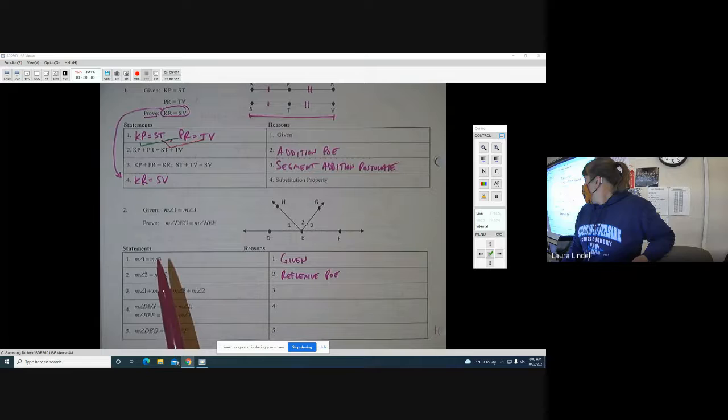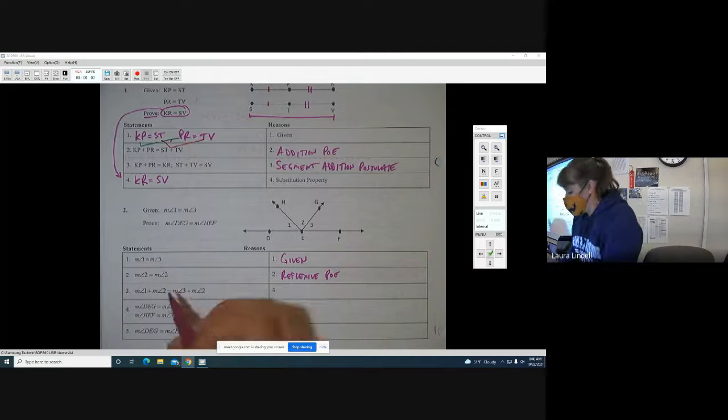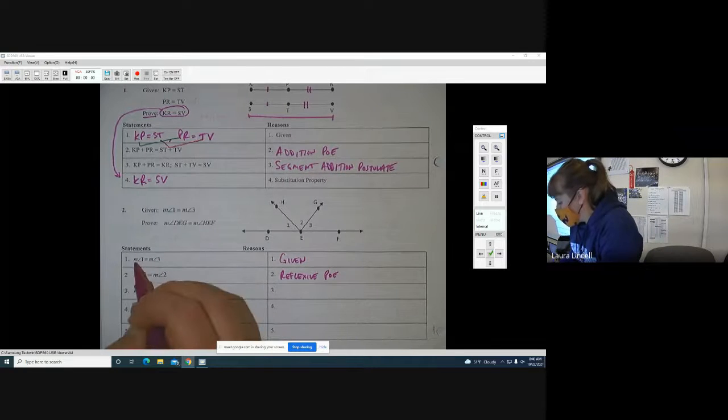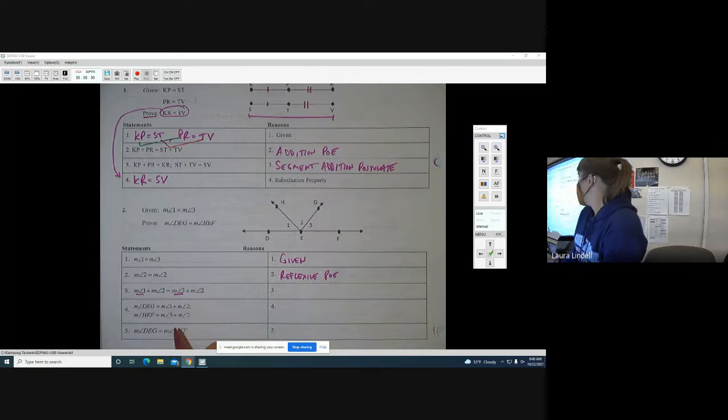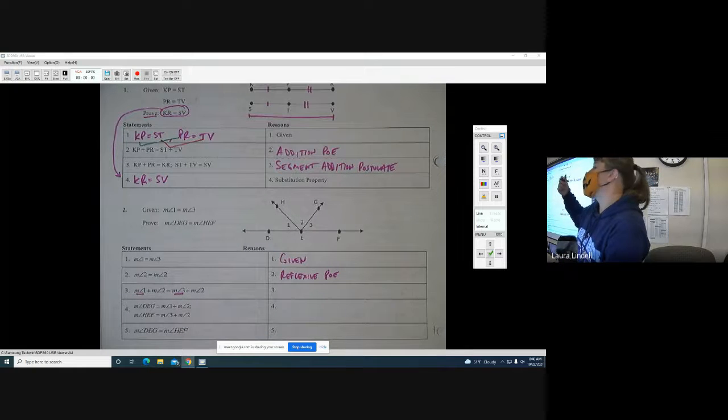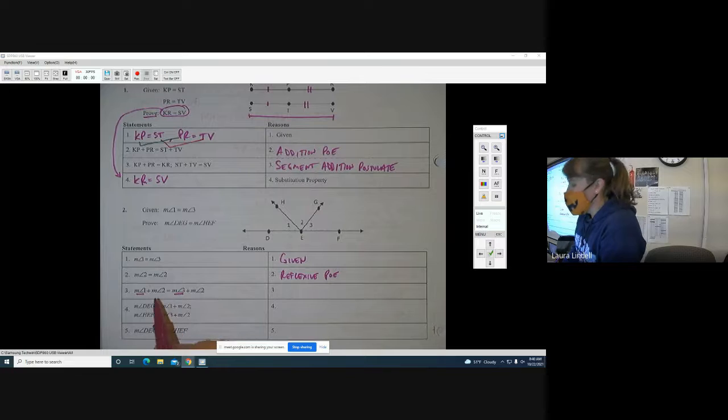All right, so from step 1 to step 3, notice we had angle 1 is equal to angle 3. We still have angle 1 and angle 3 down here, but what changed? We added, what did we add? Down here? Angle 2, right? Yeah.